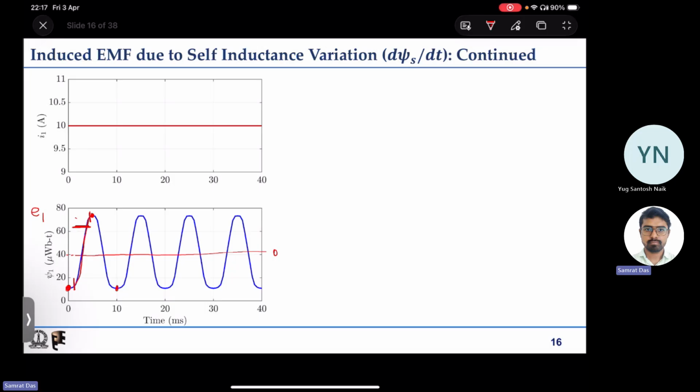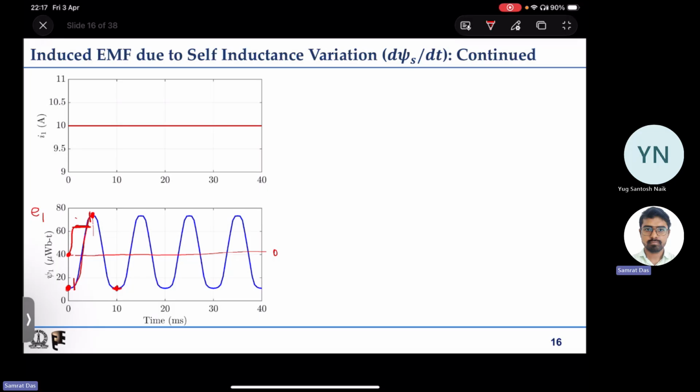At this point you can see that the slope becomes 0, so the induced EMF will also be 0, and it gradually increases to this positive maximum value. Now again, at the peak value of flux linkage, d psi dt, the slope, is equal to 0.